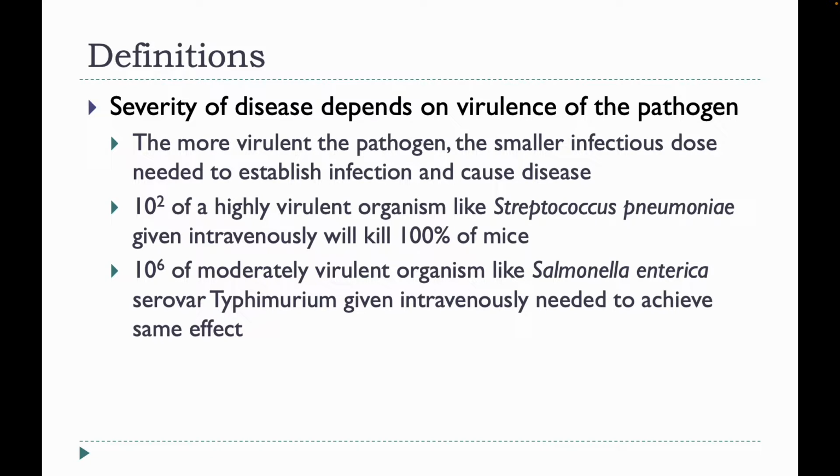Other organisms, you might have to give 1 million cells to actually kill, because it's just a matter of statistics. And there are very few pathogens where a single cell introduced into the body is able to cause disease. There's always a kind of numbers game here.